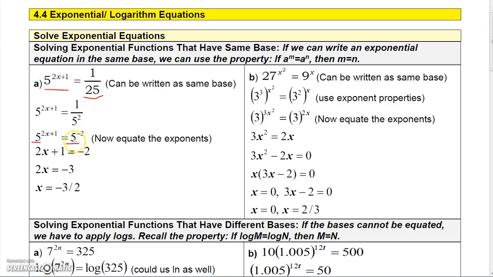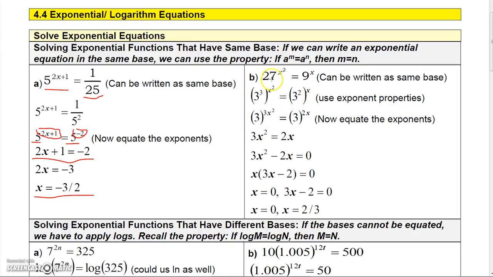Since these two bases are equal, then the two exponents must be equal for this equation to be true. So I can just set 2x plus 1 equal to negative 2, and you guys know how to solve that from there. Just subtract 1, then divide by 2, and you get x equal to negative 3/2.